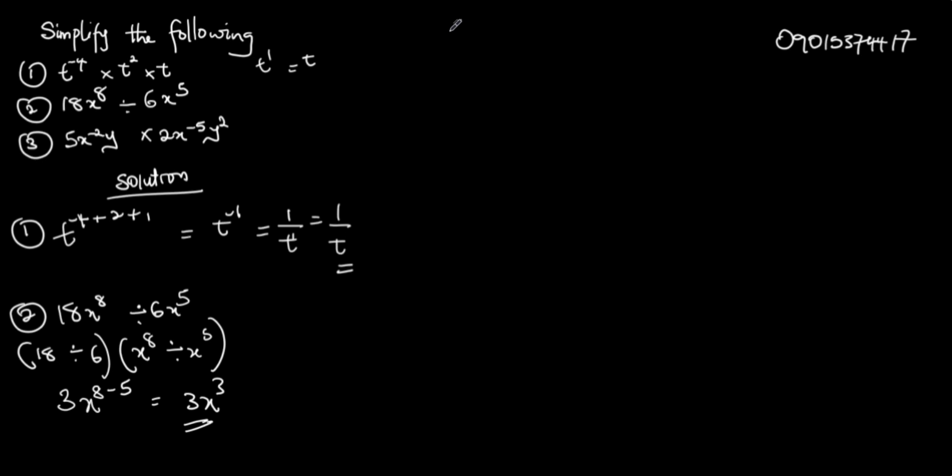Now question 3 says 5x raised to the power minus 2y times 2x raised to the power minus 5y, all raised to the power 2. Now, same thing I did for question 2, let's bring the constants together, right?